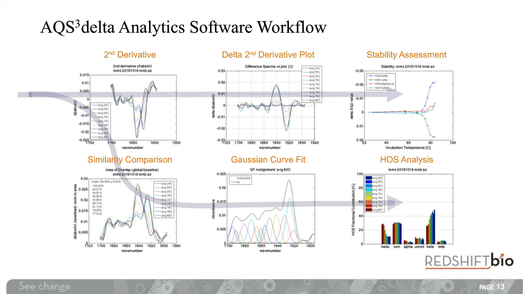And this is called the similarity plot, or the similarity comparison, shown in the bottom left. This is data in which we have taken our second derivative spectra, turned them upside down and baselined them, and then we use mathematical analysis to compare these spectra to one another, to give you a simple percentage value to tell you how similar one spectrum is to another.